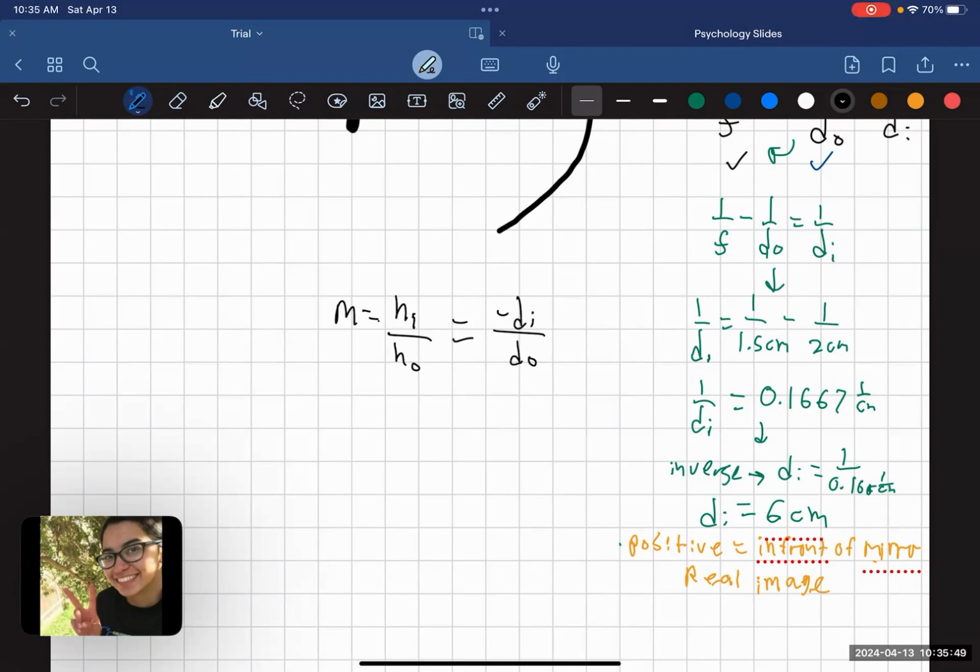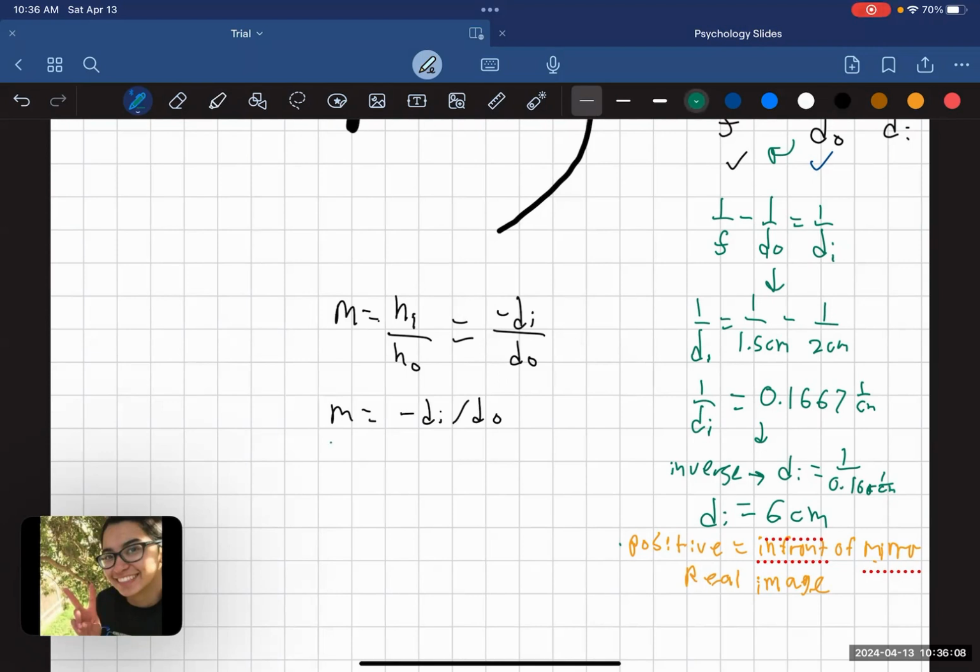Because we have our D's already, that's what I'm gonna use. You could probably use the H's if you really wanted to, but it would be easier to use the DI's and then use your M to calculate for your new H's. So we'll do that. M is equal to negative DI over DO.